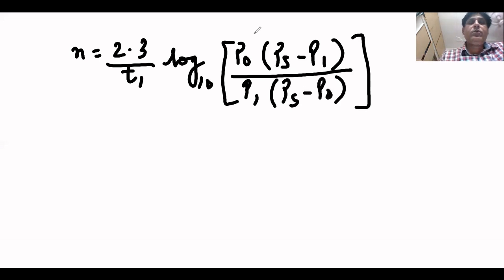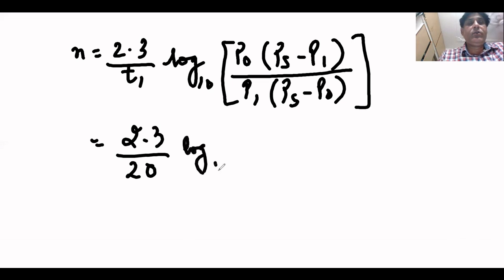Right? You know P0, you know PS, you know P1, and you know T1 as 20 years. So you're putting in these values. P0 is 30,000.